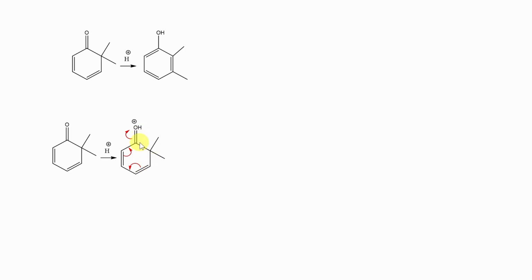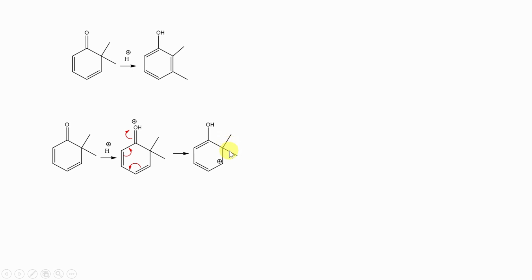Then pi electron shifts towards this oxygen, followed by the shifting of pi electron from the cyclohexadiene ring, thereby forming a secondary carbocation. To this secondary carbocation, a 1,2 alkyl shift takes place. Here, these are alkyl groups.